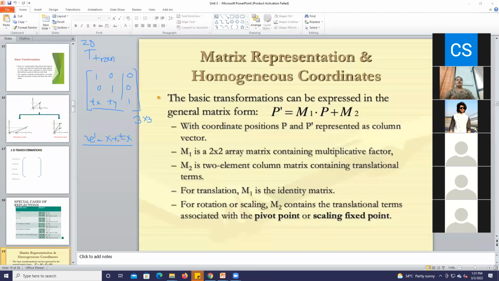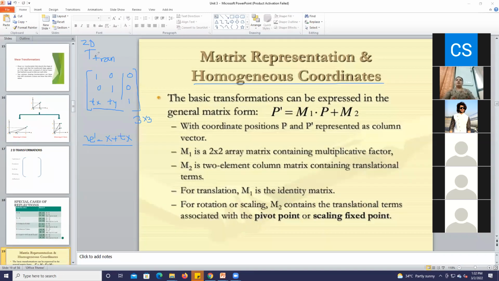To get this same result, what were we doing? Without doing matrix addition, we were getting this result by matrix multiplication only. So that is nothing but the homogeneous coordinate system we are introducing. So what is homogeneous coordinate system? In this particular translation matrix, we have added one row and one column, and that is achieved in every matrix of two-dimensional transformation.